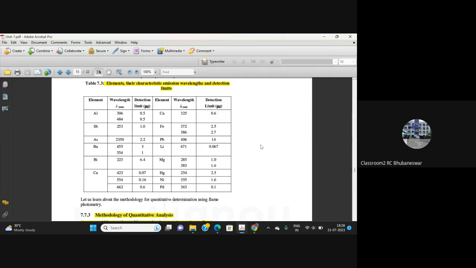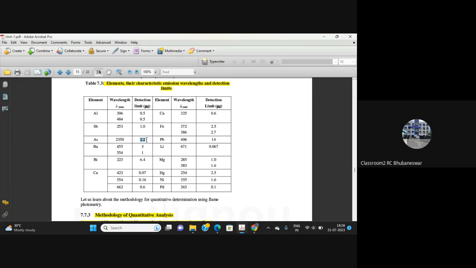Suppose here for arsenic, 2.2 microgram you can monitor. In another technique you may detect a larger amount of arsenic, but there is a limitation. For this flame photometry, it is just up to 2.2 microgram.